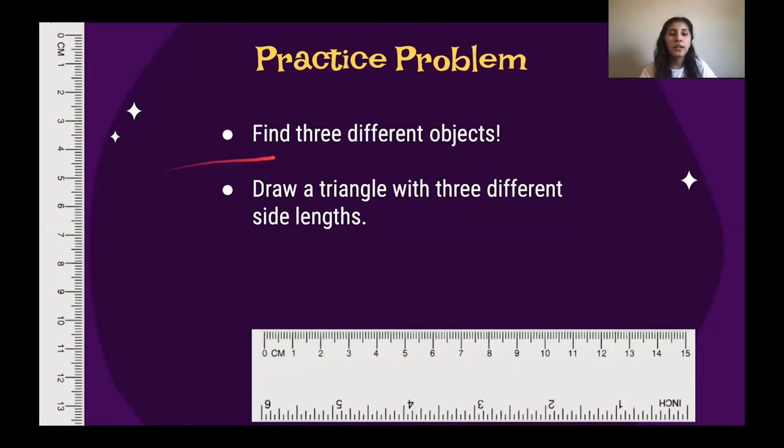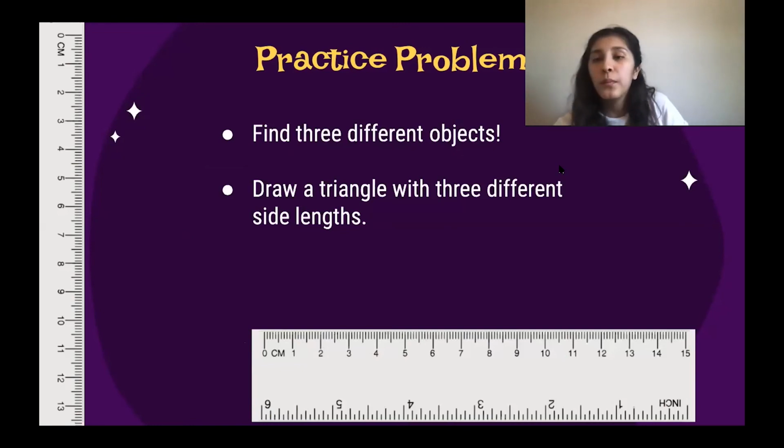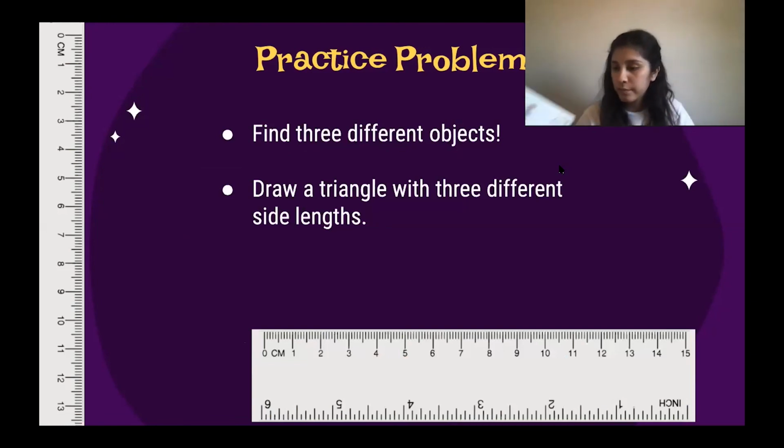Okay, so now it says find 3 different objects. So you can go ahead and find 3 different objects. They could be simple things or things that are right next to you, such as tape, a pencil, your paper. It could be a book or a notebook that you have around.